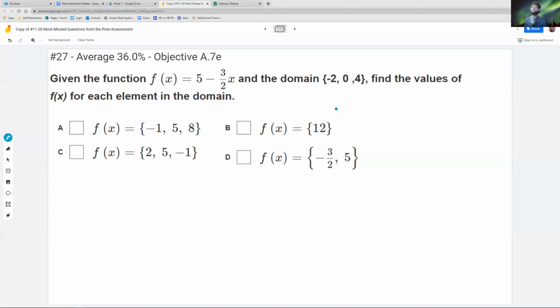You have 5 minus 3 halves x. Take this first one, -2, and plug that in for x. Whatever you get would be your value. You'd end up with 5 plus 3, which gives you an 8. Then you do the 0 the same way, then you do the 4.